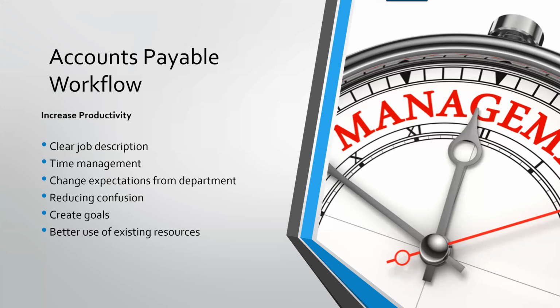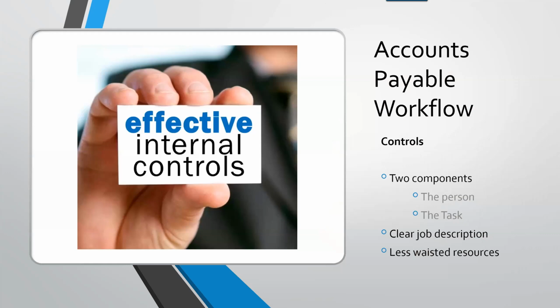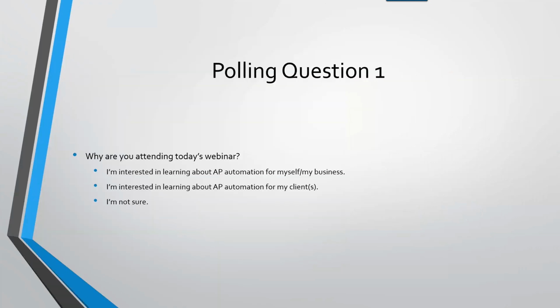And you might find that there's some duplication there. So we want to use the existing resources that we have to their fullest ability. And whenever we think about the AP process and the inefficiencies with those people in the tasks, we also know that training is very important. So when we get the workflow that we really want, then we need to make sure that our people are caught up with what that workflow is.